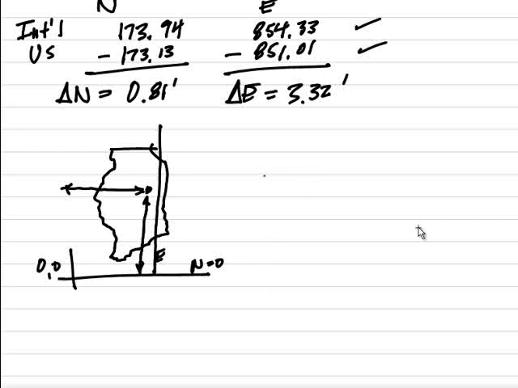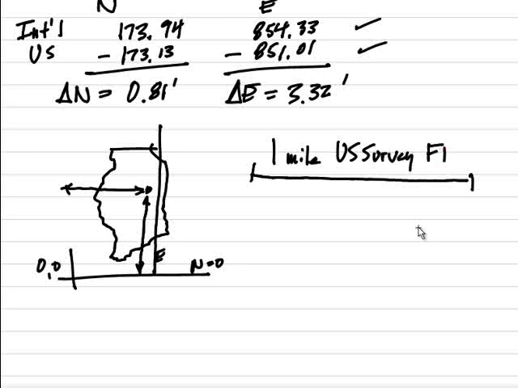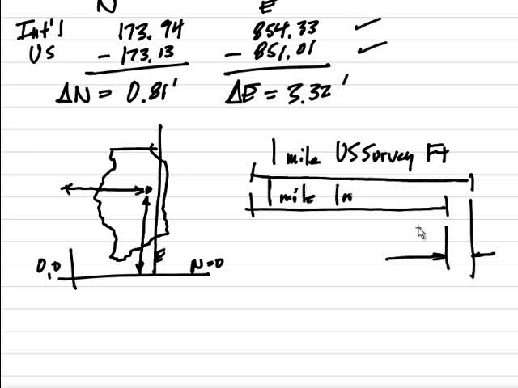So, little rule of thumb here that you might be able to use someday. Let's compare a 1 mile distance measured in the U.S. survey foot to a mile in the international foot.